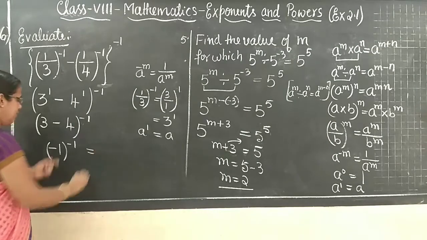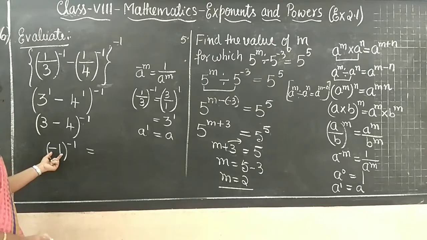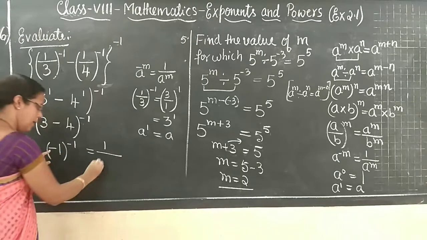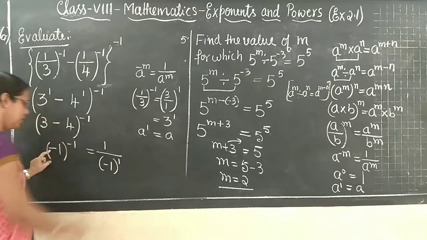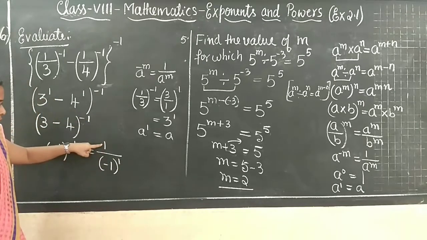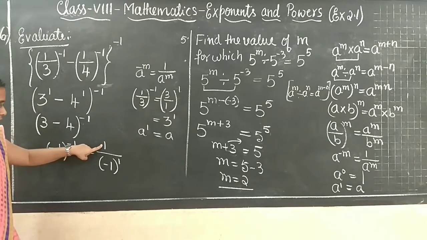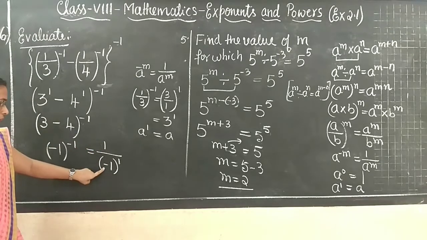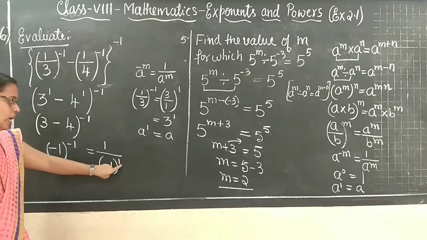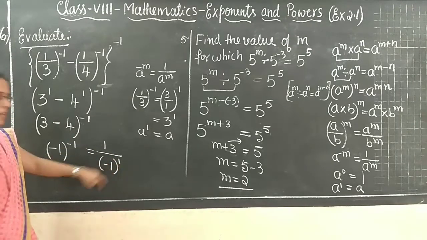How can I write this as a positive quantity? 1 by (minus 1) whole to the power 1. This (minus 1) whole to the power 1, take it down. Numerator will become 1. Got it, children? So 1 by (minus 1) to the power 1. See, negative power went there, positive power came.